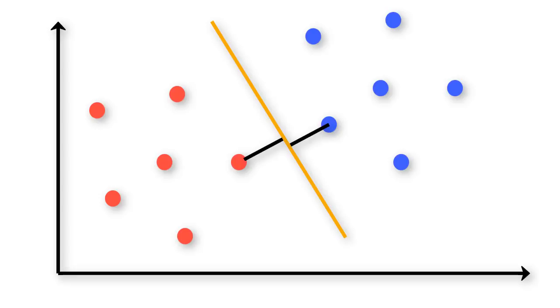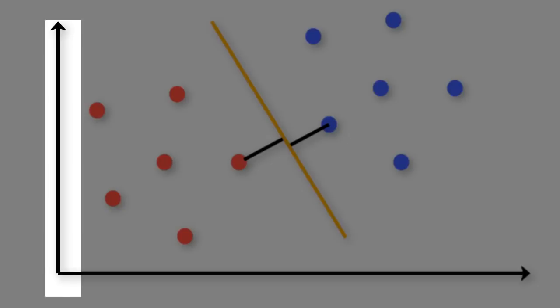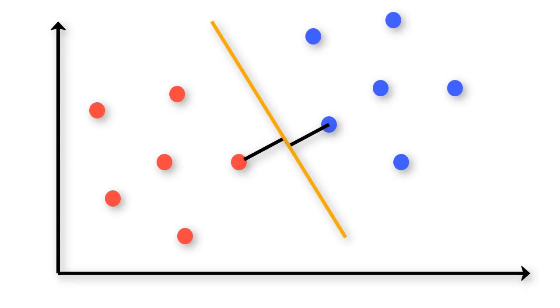Now, I showed this example with data points that are in 2 dimensions. In other words, we only have 2 features that we're measuring from the data points, but support vector machine will work in any number of dimensions. For example, our example problem has 3 dimensions: color, sides, and size.